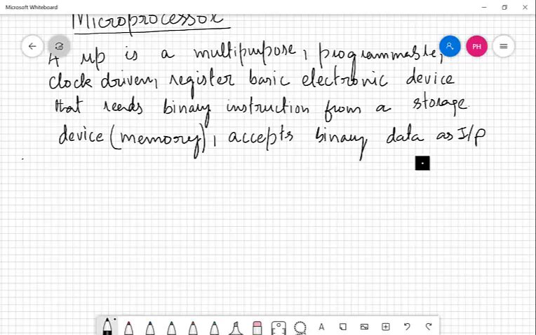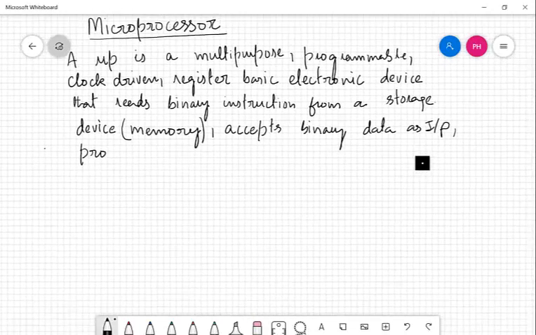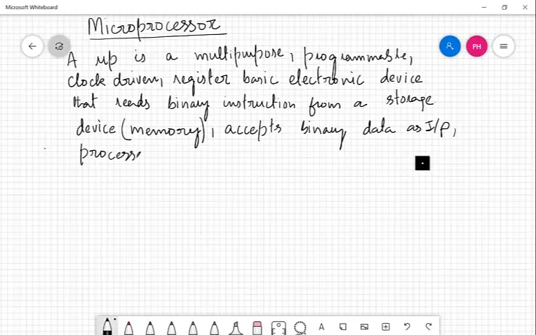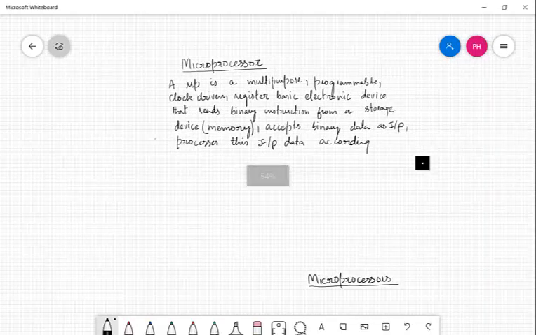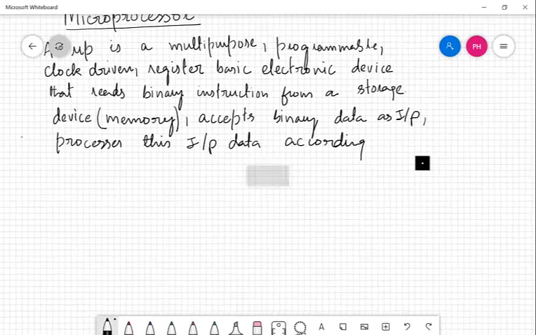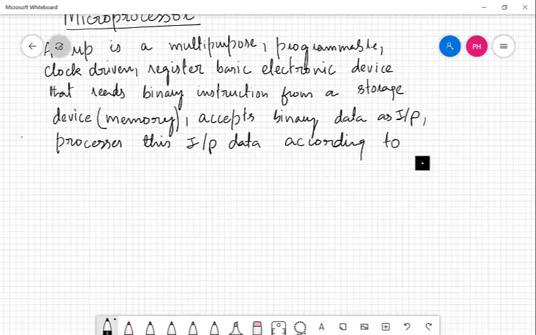And thereafter it processes this input data according to these instructions which it has read from the memory.